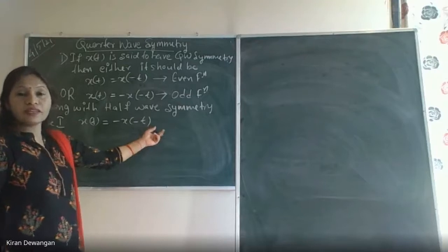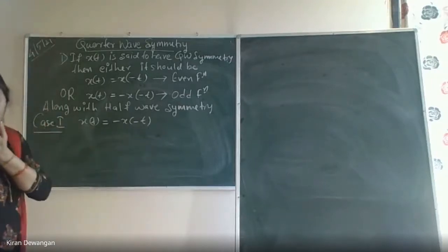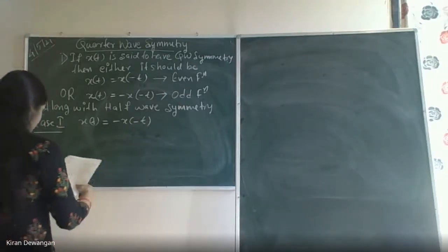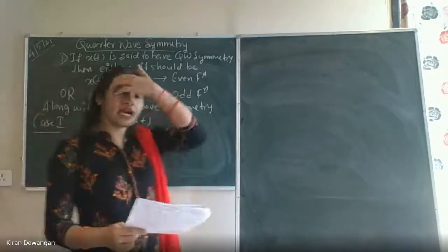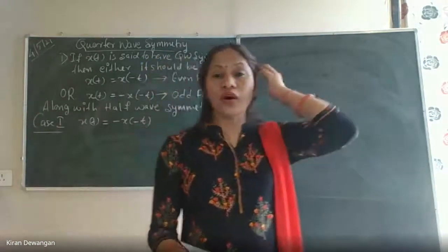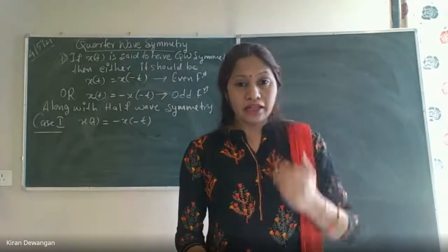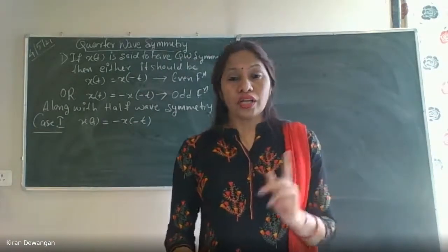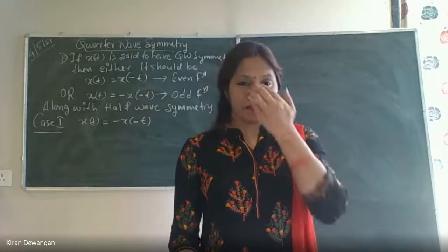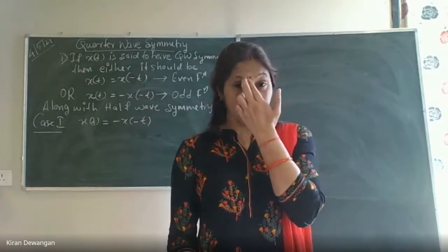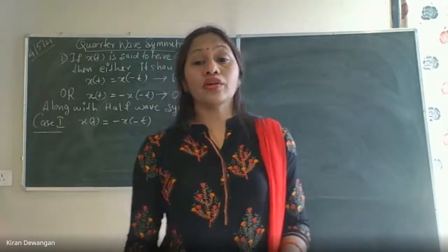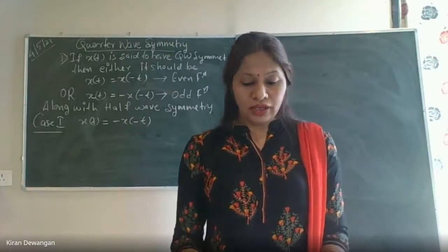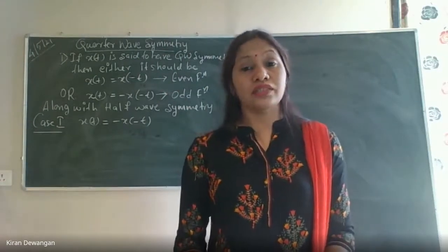It is satisfying the condition of odd symmetry, right? Now, whenever we say that it is satisfying the condition of odd symmetry, क्या condition होती है? Odd symmetry की क्या condition होती है? जल्दी से याद करो, recall करके बताओ. उसमें हम कौन-कौन से parameters को calculate करते हैं और कौन-कौन से parameters आपके zero होते हैं?